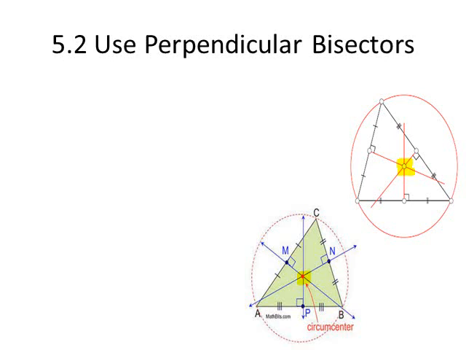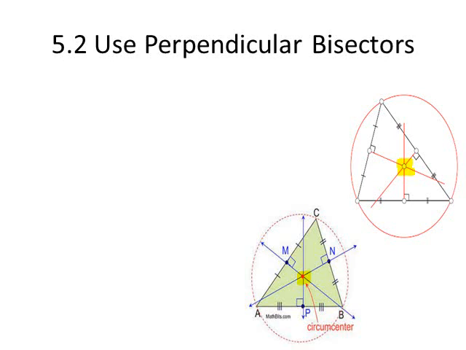In the other shape here with the red circle, I will put a highlighter on the point to see it again. This point is the circumcenter. What is the meaning of circumcenter? It's the point of intersection of the perpendicular bisectors.